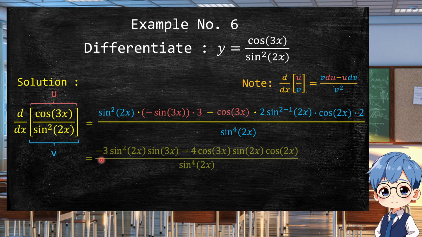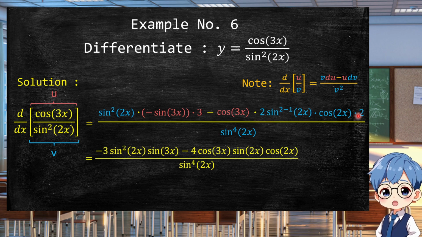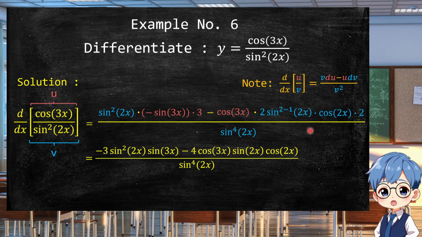Rearranging this, we have negative 3 sine squared 2x, so just copy sine 3x, and then we have 2 times 2 here, so we have 4, and then just copy cos 3x. Sine to the power of 2 minus 1 is just sine, so it becomes sine 2x here, and then just copy cos 2x all over sine to the power of 4 of 2x.